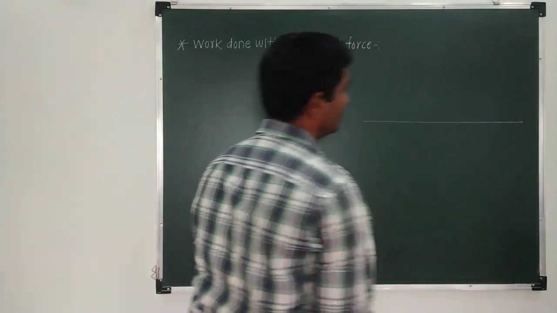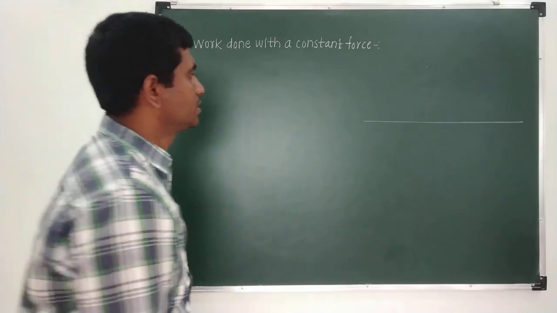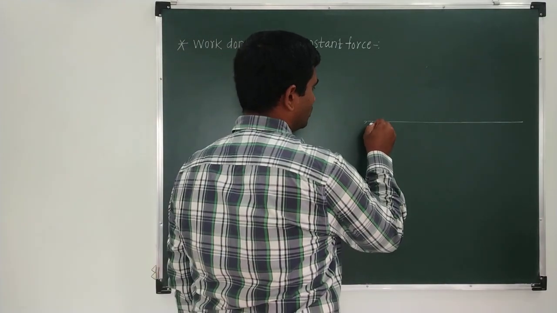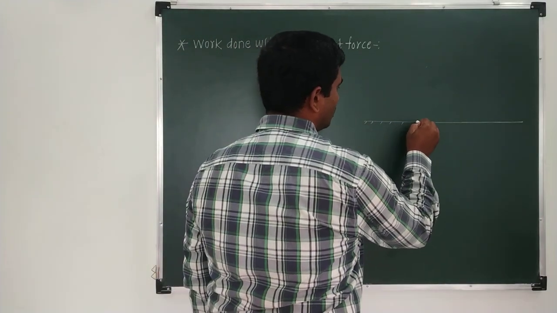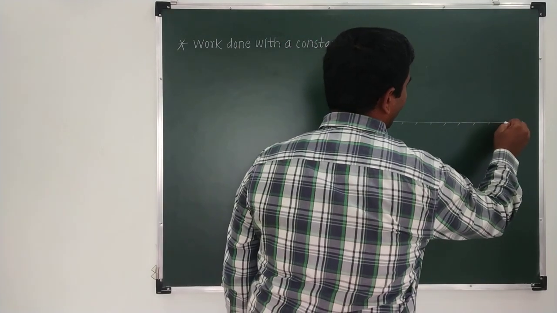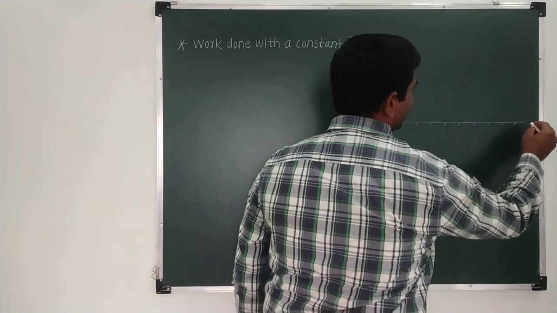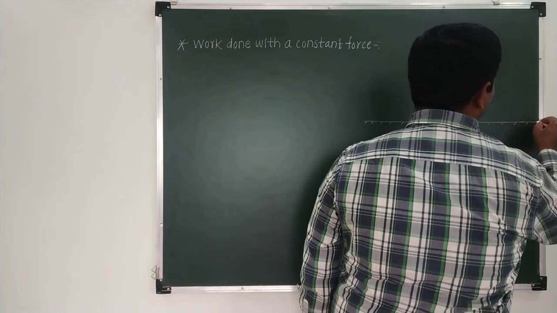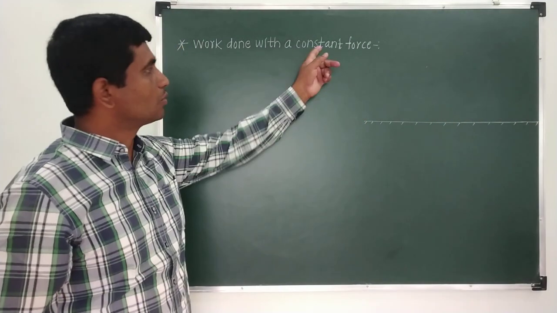So let us consider this is a horizontal fixed surface, and on this we will be keeping our block whose mass will be m, and this block is acting under a constant force whose magnitude is constant.